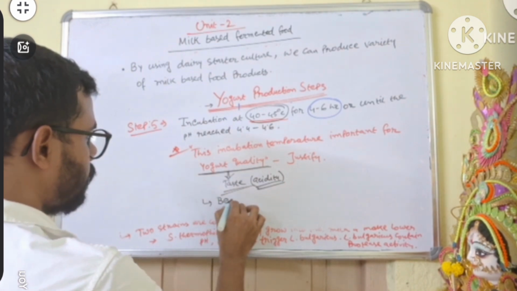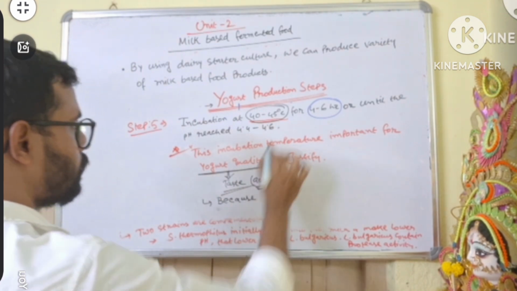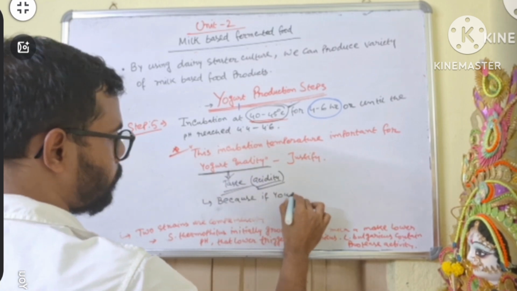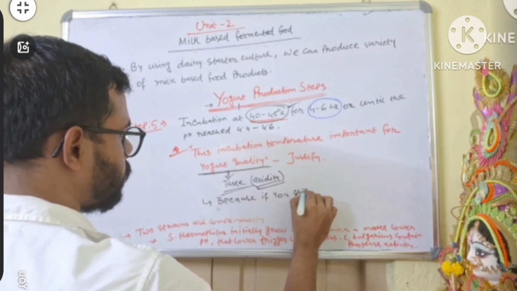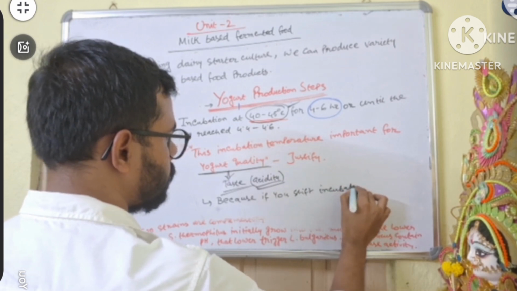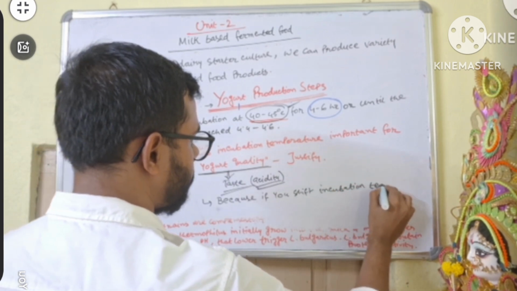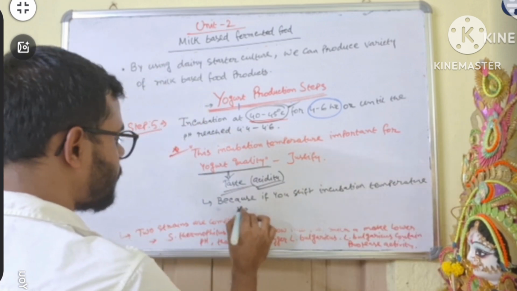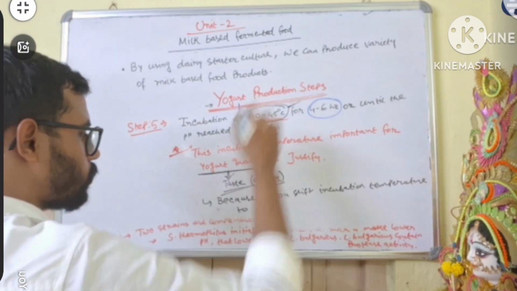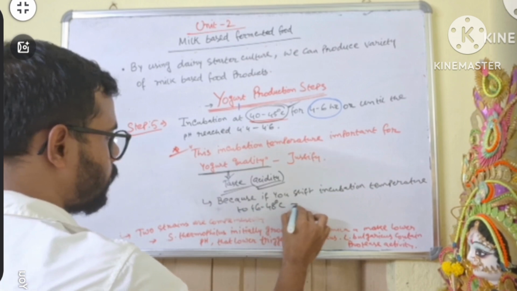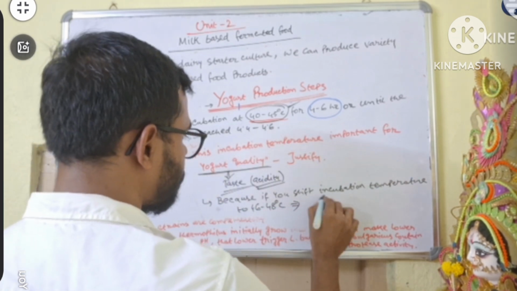Because if you shift the incubation temperature to 46 degrees, just above by 1 or 2 degrees, 46 to 48, the yogurt will form more acidic.